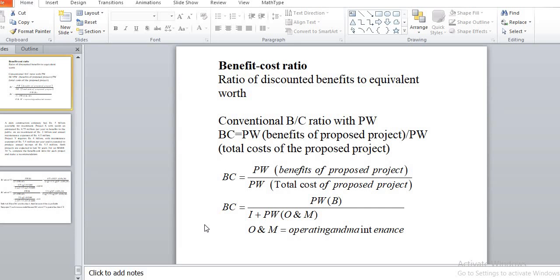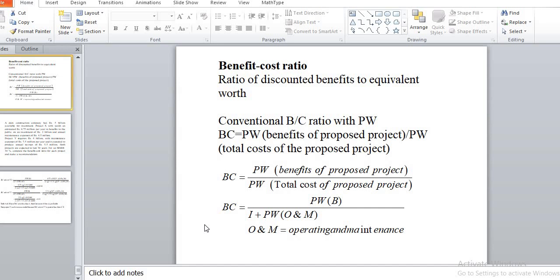But as soon as this benefit to cost ratio becomes less than 1, the cost will be more, so the ratio becomes less than 1. And when this ratio is greater than 1, the benefits are larger compared to the cost.